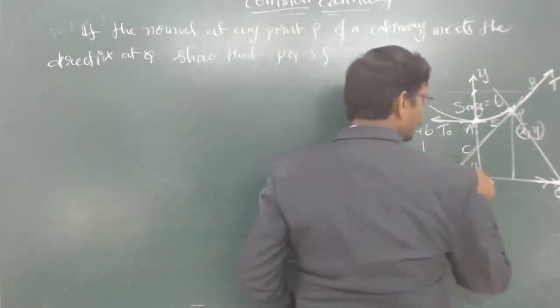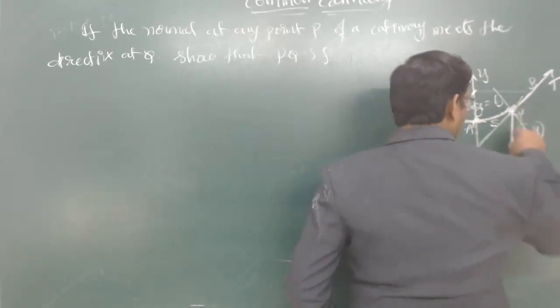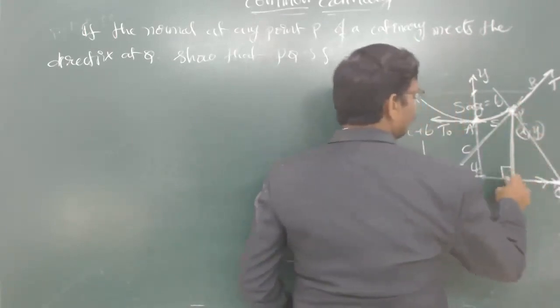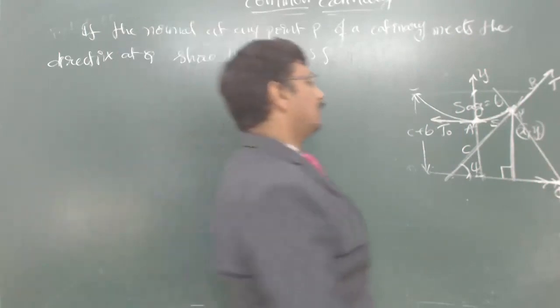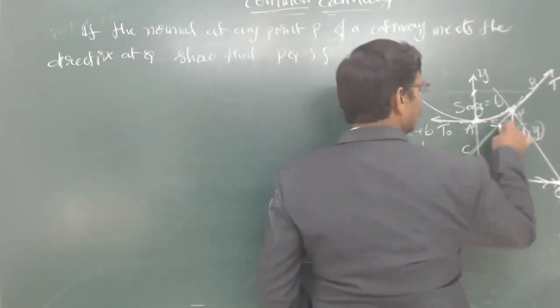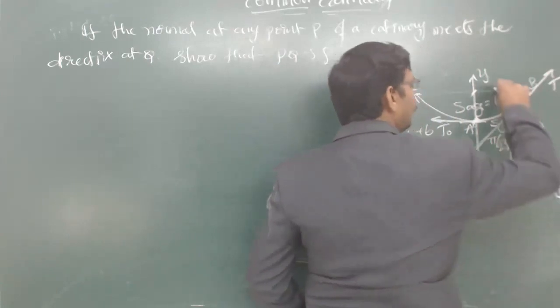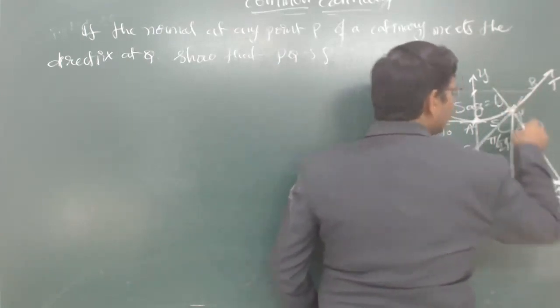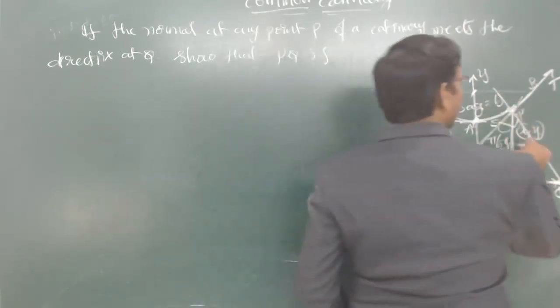If you draw a straight line from the point to the directrix, this angle will definitely be 90 degrees because this is the perpendicular. Now if this angle is 90 degrees, then this angle is pi by 2 minus psi, and being the normal, it makes 90 degrees with the tangent. Obviously, this angle will be psi.